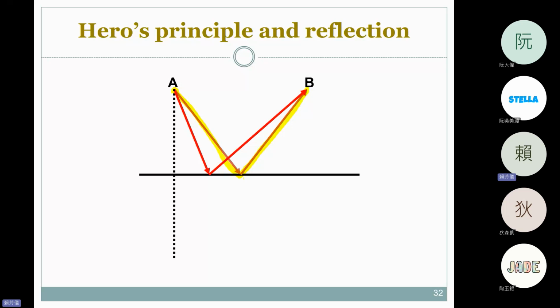Why does it choose the yellow ray? We can also easily use geometry methods to prove why it goes through point O along the yellow line.